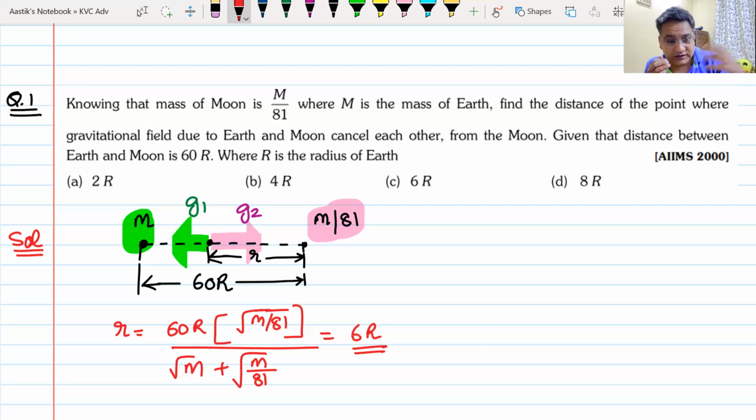Did you not understand the formula of G? The direction of G? Or did you not understand the question itself? Tell me. Well, if you don't tell me, what do I do? I will just move on with the next question.